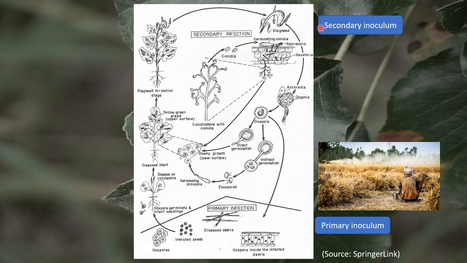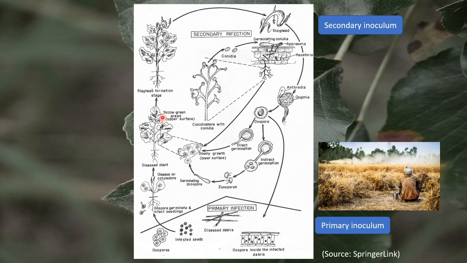Now this secondary inoculum will cause infection and disease to the plant, but some of it will again reach the soil and debris, and this will go into a period of dormancy until a fresh host is available. So this is primary inoculum. I hope this is clear to you.